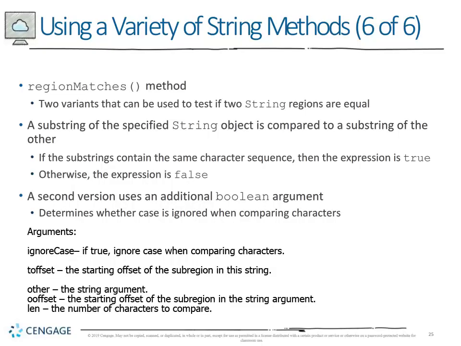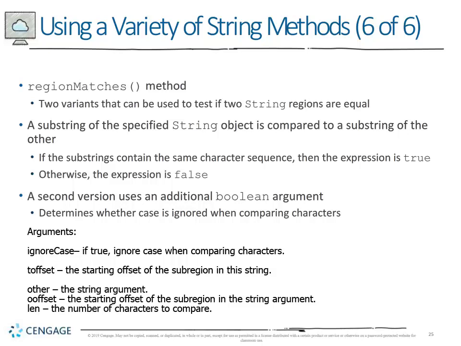The regionMatches method can test if parts of the strings' regions are equal. The method has 5 arguments. The first one is a boolean argument. If it is true, it will ignore case when comparing characters. If it is false, it will not ignore case, so it is case sensitive.